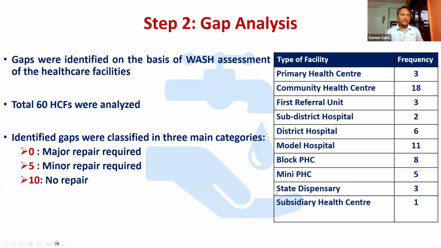Gaps were identified, again, on 3 parameters, as per India's assessment parameters. 0 means the domains in which major repair would be required. 5 means partially compliant, where minor repairs would be required, and 10 means full compliance, where no repair would be required. And in the next slide, please.